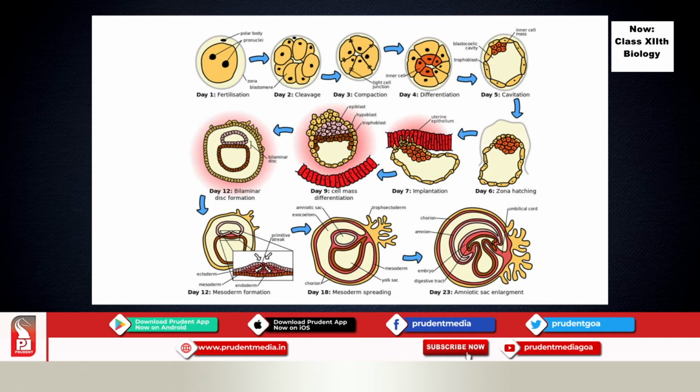By the time there is implantation, there is already differentiation in the cell mass, and this cell mass will get implanted on the uterine epithelium. This is how the inner cells will divide to form the ectoderm, mesoderm and endoderm.